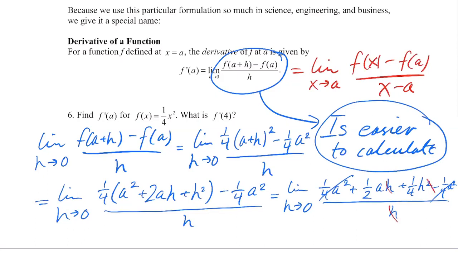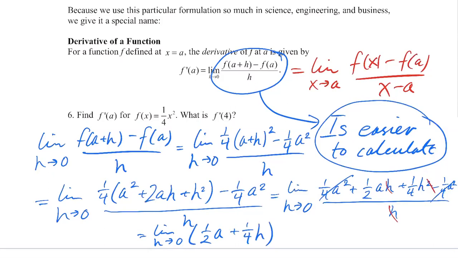And what we're going to get is the limit as h goes to 0 of 1/2 a, oops, I don't even need a fraction bar anymore, right? Limit as h goes to 0 of 1/2 a plus 1/4 h.